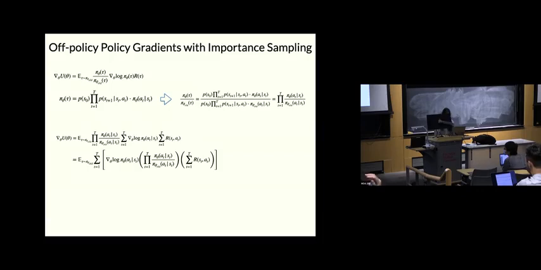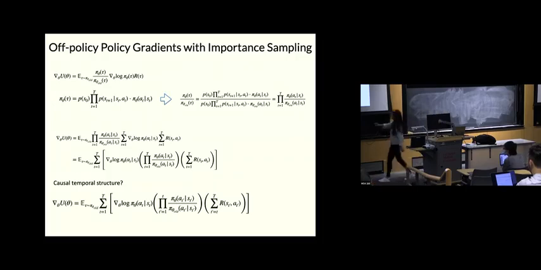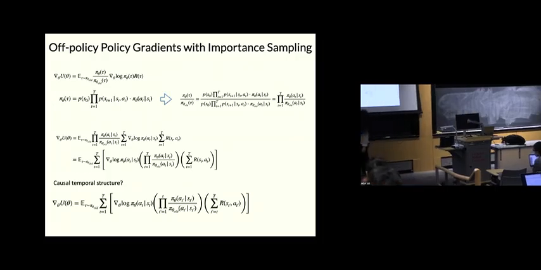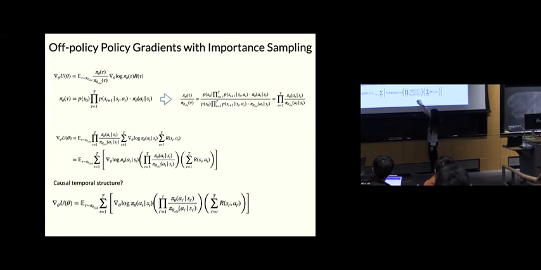I can also use causal structure if I like, which means the probability of a particular action has only to do with the trajectory segment leading up to that action, and the rewards, how good an action is, only have to do with the rewards I get after that action. Okay? So this is what you get.